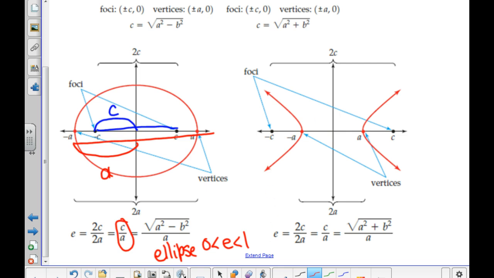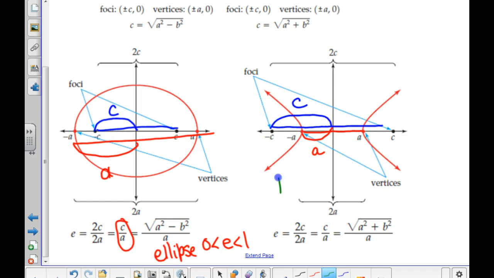All right, look over here. When you have the distance between the vertices here for a hyperbola, this is A. The distance between the foci, that was C, so from the center is a C. When you put a C over an A, the blue over the red, you're going to get a number bigger than 1.